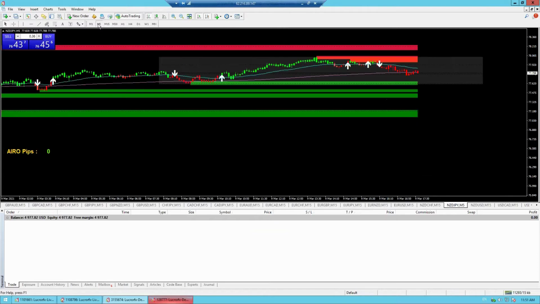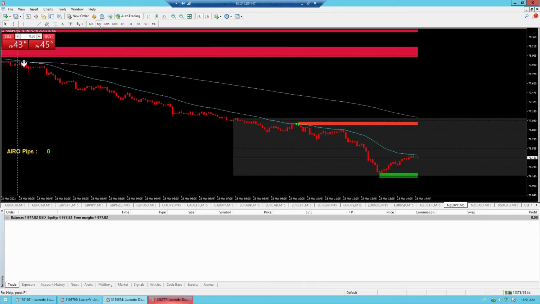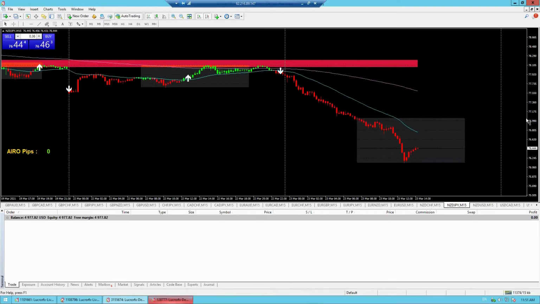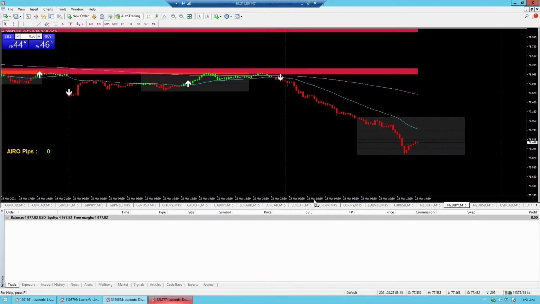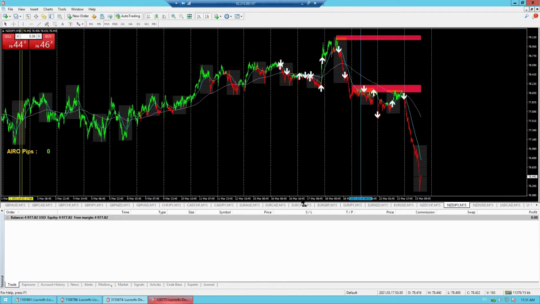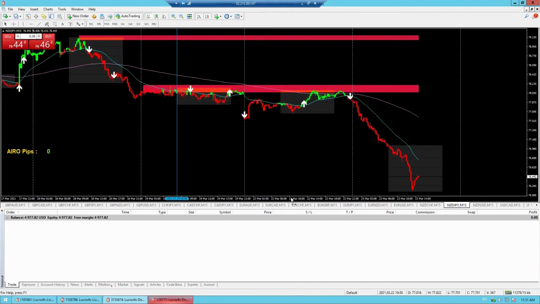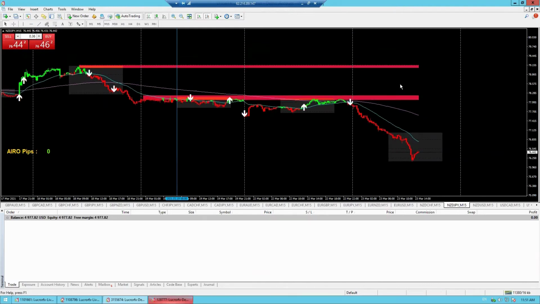Let's see, yeah, I've got some on the 5 minute. Nothing on the 15. That's interesting. That's the first time I saw where there wasn't any. No matter how I scroll it in, there's still nothing green. So that must mean we're at a very deep point in this retracement in this direction.